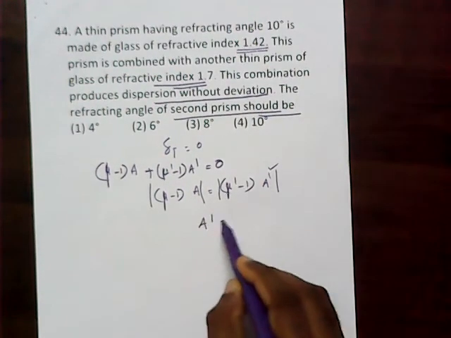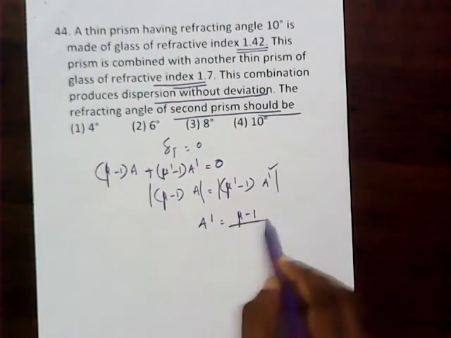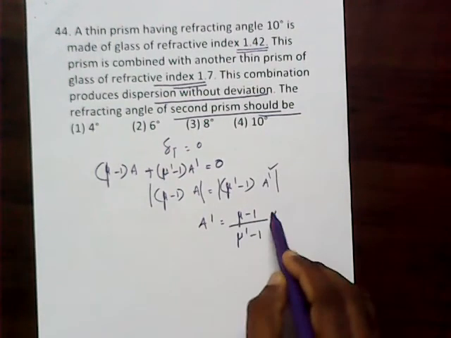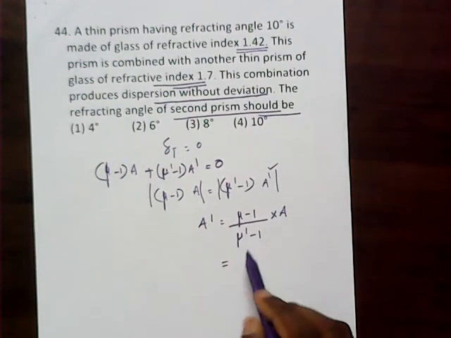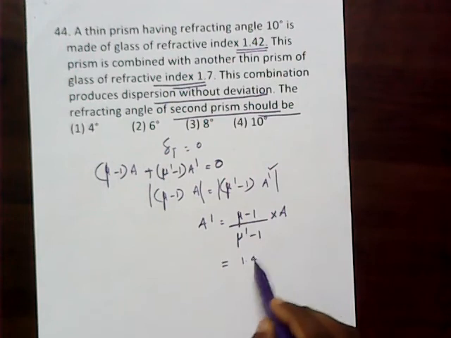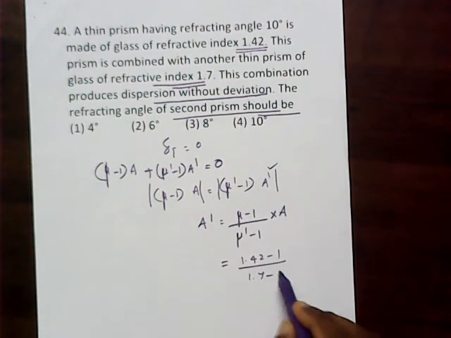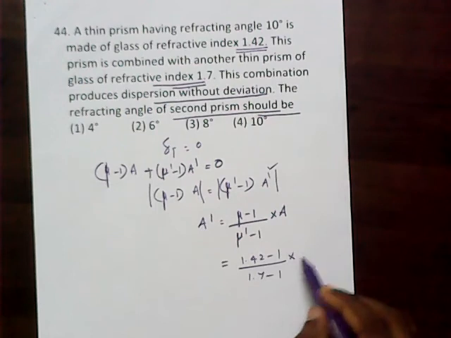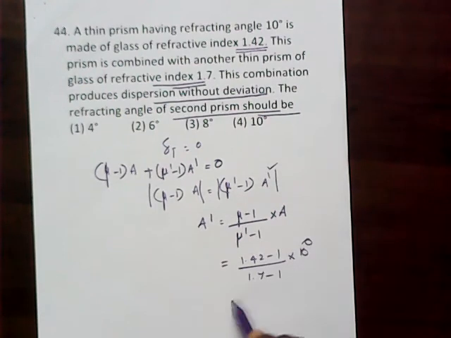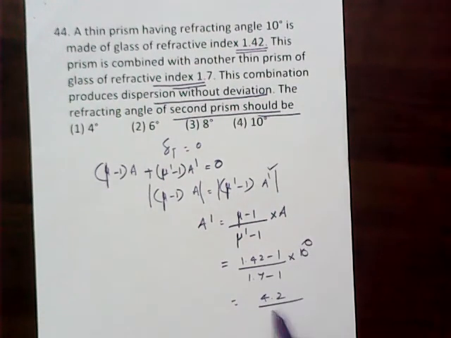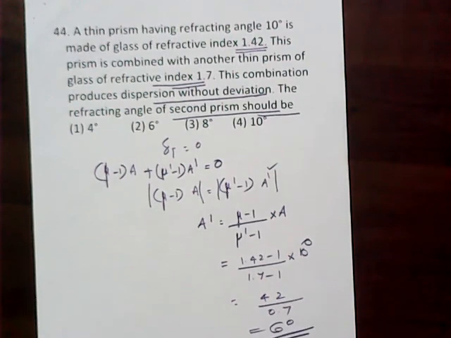So A dash is equal to mu minus 1 by mu dash minus 1 into A, which is equal to 1.42 minus 1 by 1.7 minus 1 into A as 10 degree. That is equal to 4.2 by 0.7. So you get the value as 6 degree.